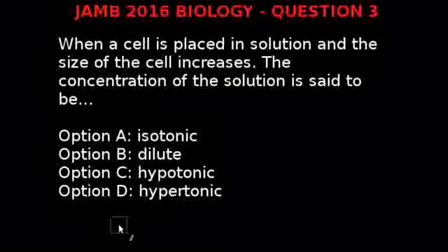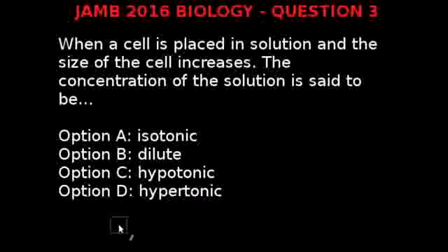A solution can be labeled one of three ways when it is compared to another solution or in comparison with a cell. First, it may be considered an isotonic solution, meaning it has an equal amount of solutes and water when compared to the cell. In this kind of solution, there will be no movement of water from the solution into the cell, meaning that our option A is wrong.